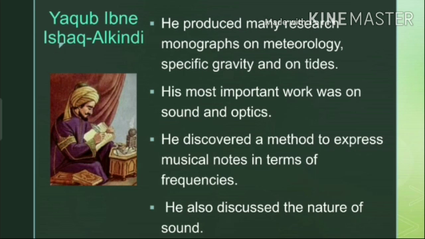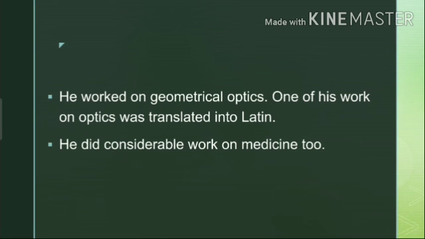Number 2, his most important work was on sound and optics, meaning he worked on different types of music and optical instruments. Number 3, he discovered a method to express musical notes in terms of frequencies, meaning he was the forefather of music too. Number 4, he also discussed the nature of sound. He described what kind of sound will be produced from which kind of instrument.